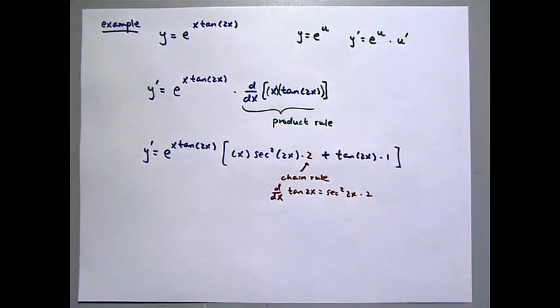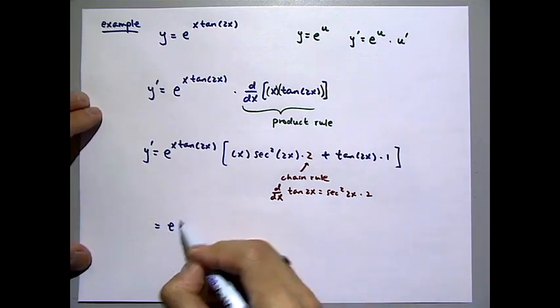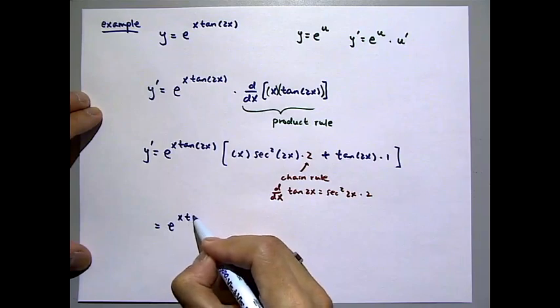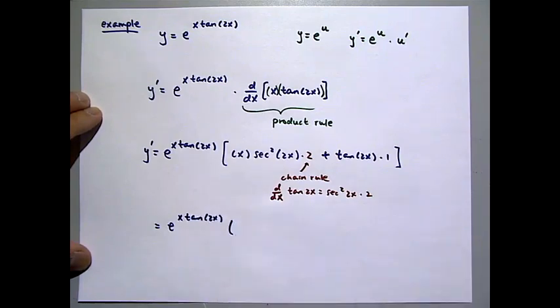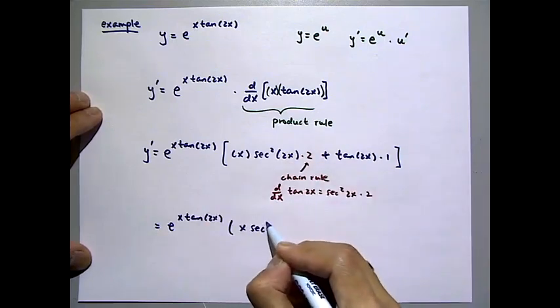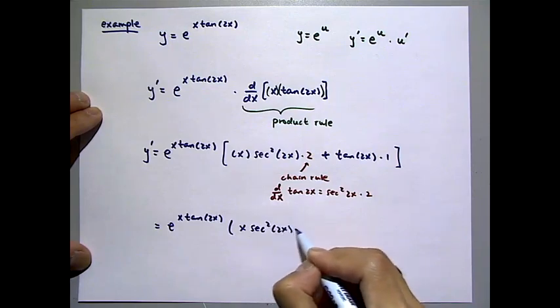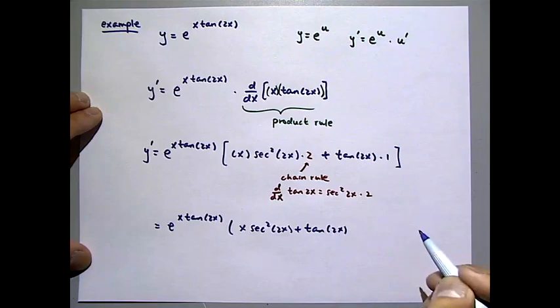All right, so let's clean this up. e to the x tangent of 2x. Not much left here. It's just that: x secant squared of 2x plus tangent of 2x. 2, yes.